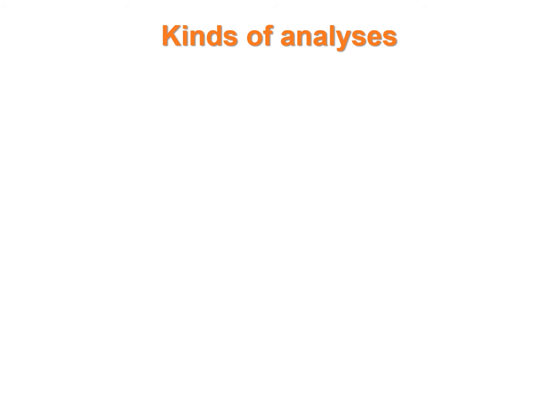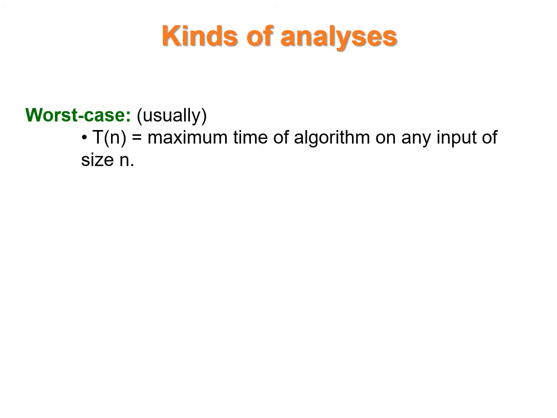Kinds of analysis. The first type, worst case: usually T of n equals the maximum time of the algorithm on any input of size n.